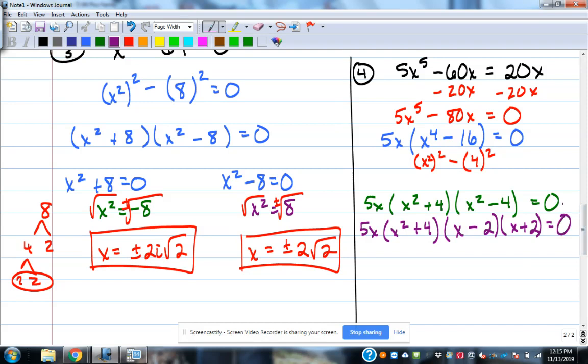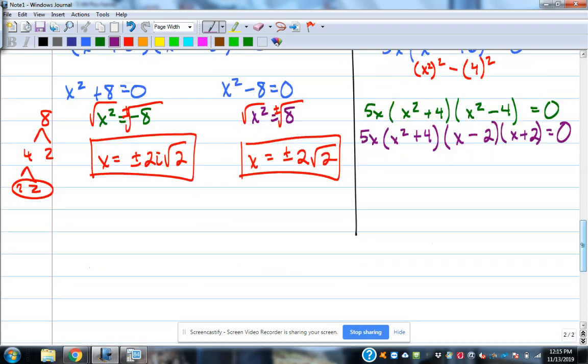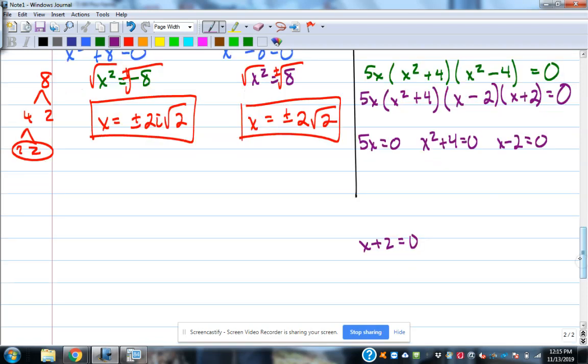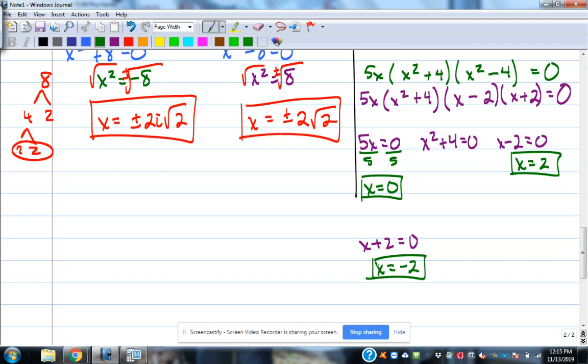So what do we do with each factor? Set it equal to 0. So we have 5x equals 0. We have x squared plus 4 equals 0. X minus 2 equals 0. And then x plus 2 equals 0. So I'll go down there to get a little more room. Pretty easy solve on most of these. X equals 0. X equals 2. X equals negative 2. And then that last one, subtract 4.